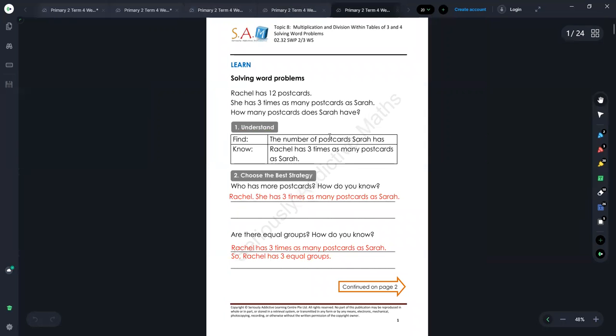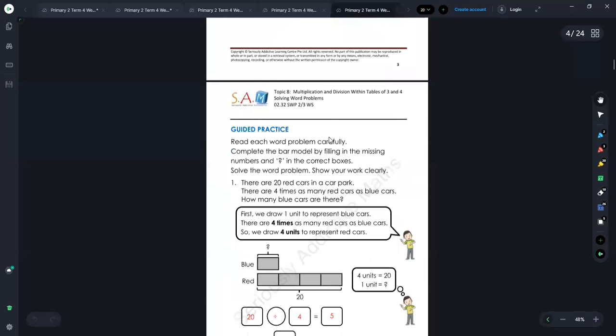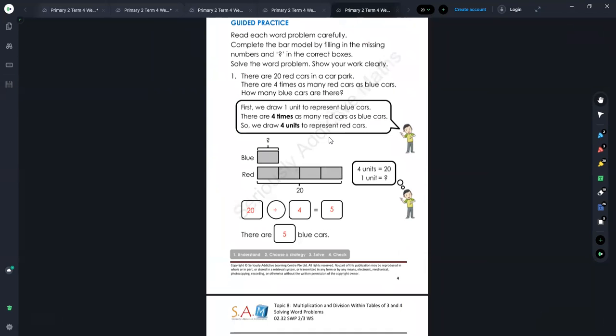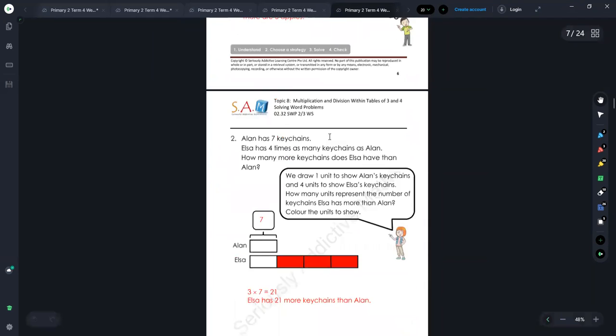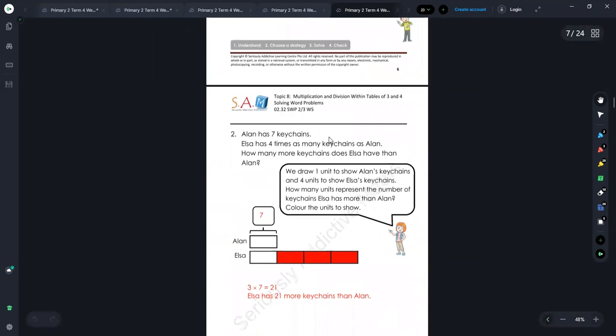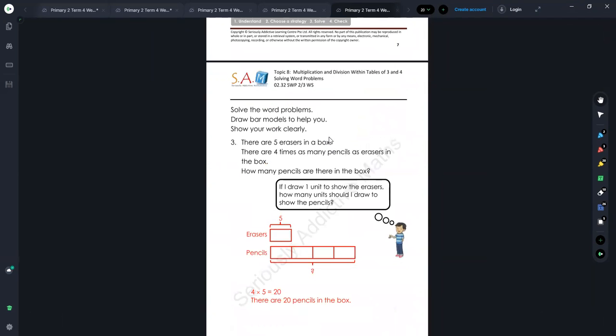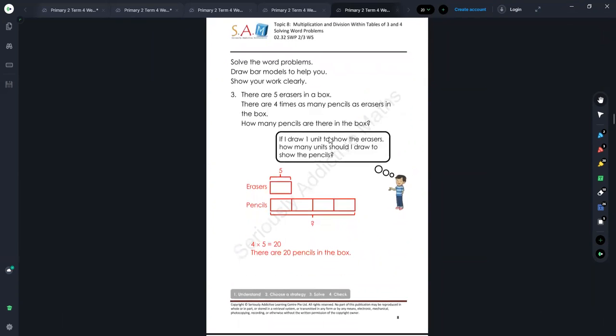So I would say skip the first few questions and go straight into question 8. Here you can immediately model and show them how to do it.